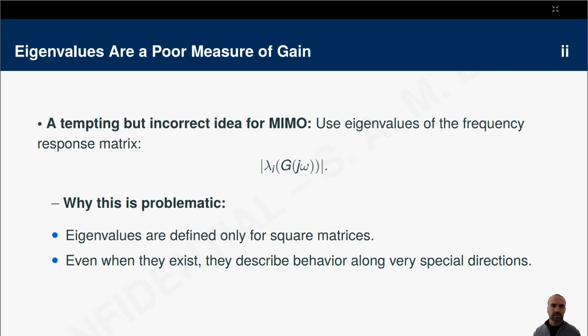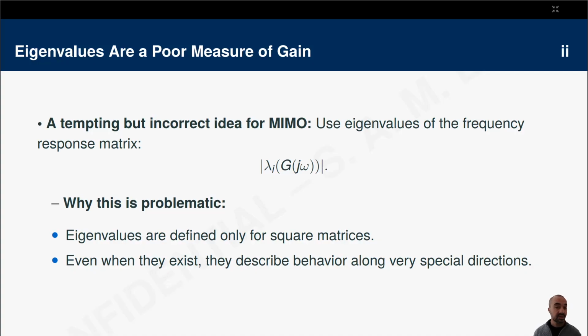But this is a natural mistake. Even engineers, right at the beginning, might try eigenvalues first because they worked well for poles and stability. So you might be tempted to use eigenvalues, but eigenvalues are defined only for square matrices.